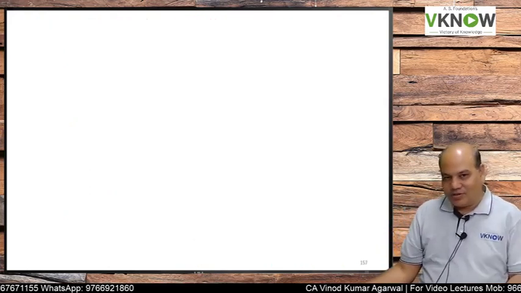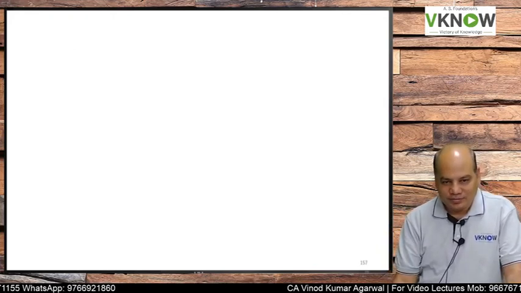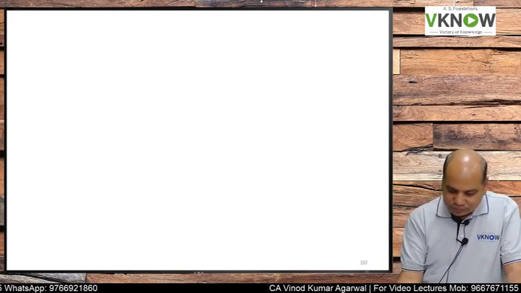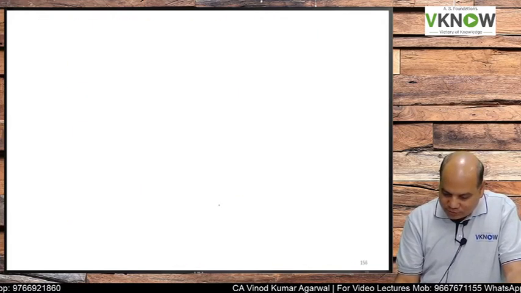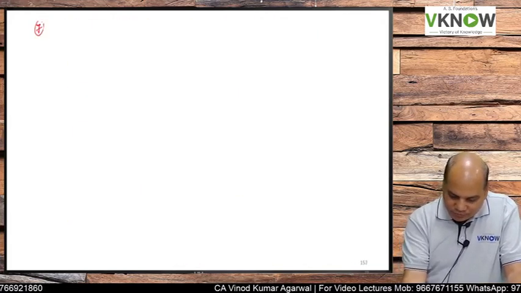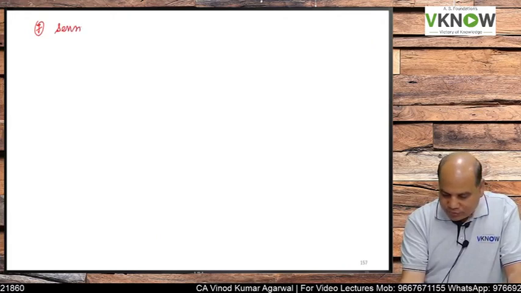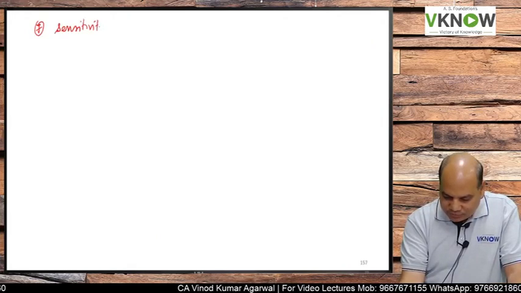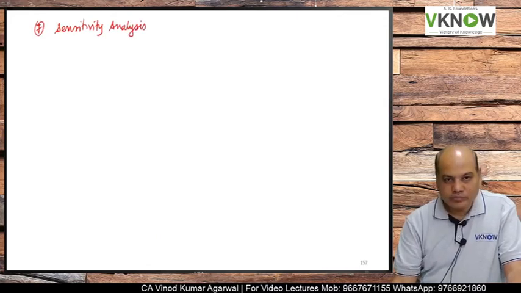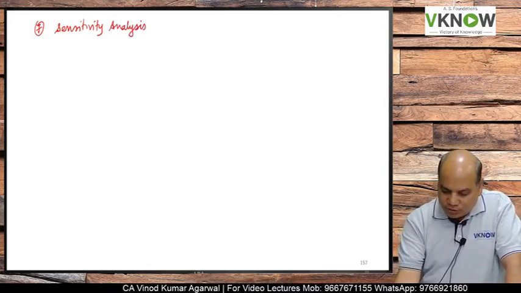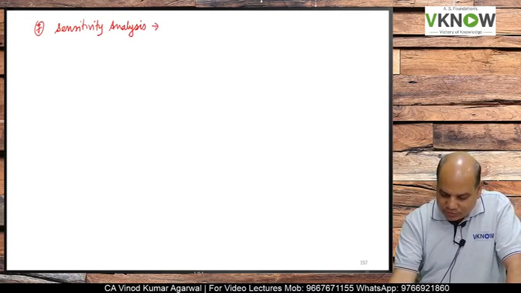So this is CEC. Is it right? Next concept we have learned. How many concepts are there? 6, 7. Sensitivity analysis. So what does sensitivity analysis do?